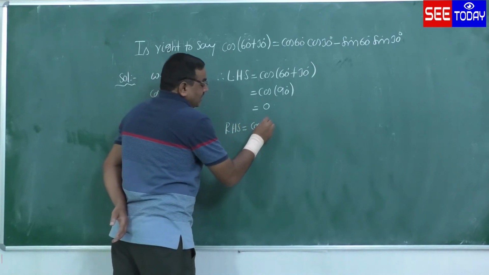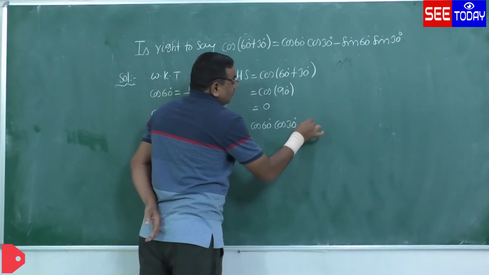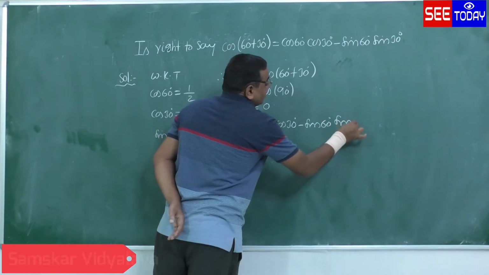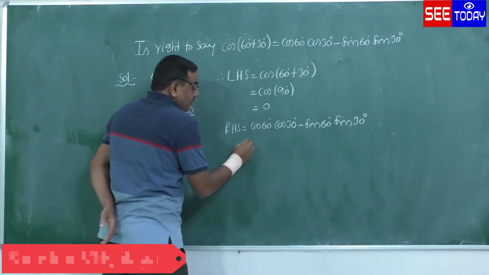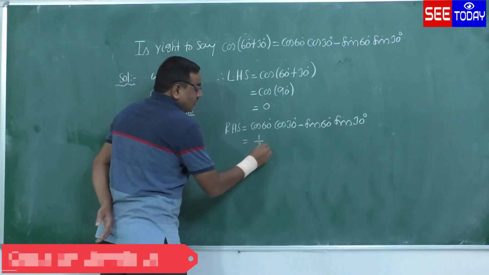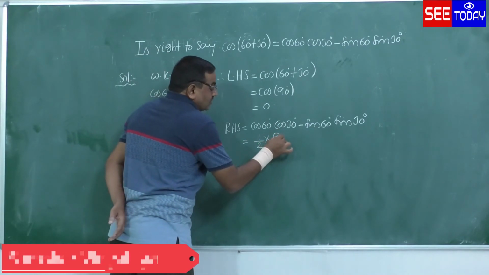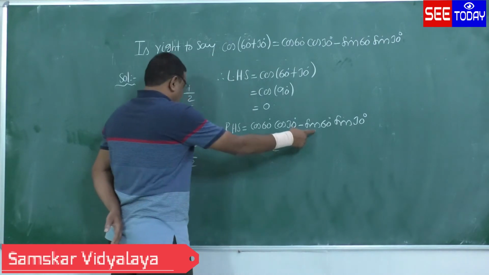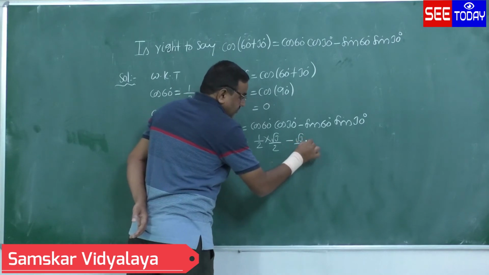Afterwards you will say RHS. Cos 60 cos 30 minus sin 60 sin 30. Now, what is the value of cos 60? Cos 60 is equal to 1 by 2. Cos 30 is equal to root 3 by 2. Next, sin 60 is equal to root 3 by 2.